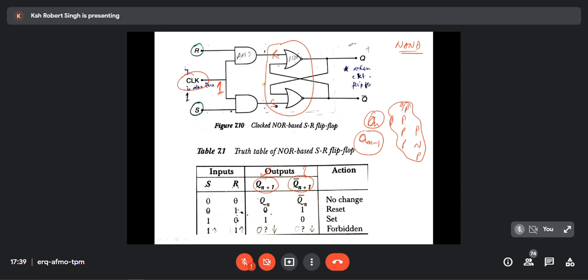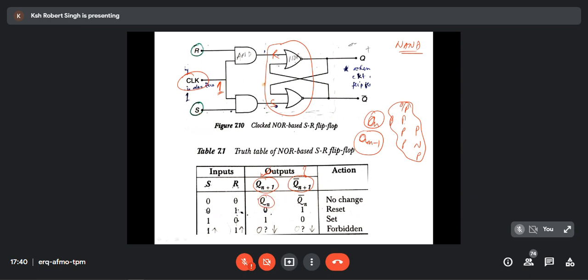When both inputs S and R are 0, whether it is a NAND-based or NOR-based SR flip-flop or latch, the output is nothing but your previous output.